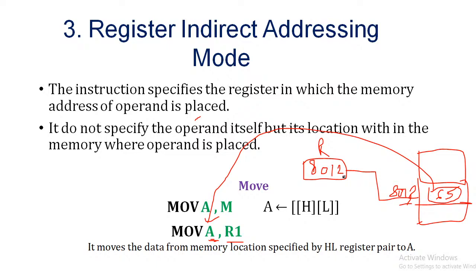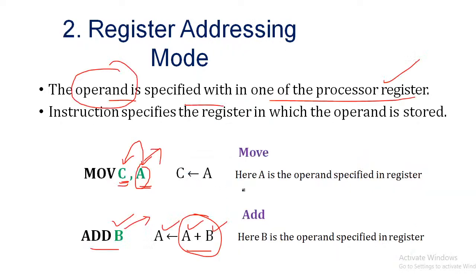In case of register direct, in the same example, 8012 will be there. The same example I have given here, that C is another register, the previous example. So A is another register here that is containing 8012, and C will be having this 8012 directly for register direct.